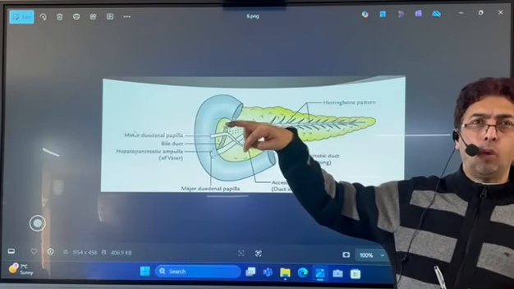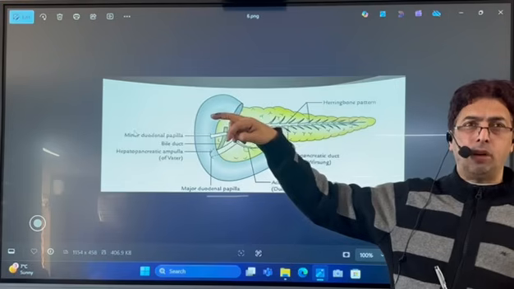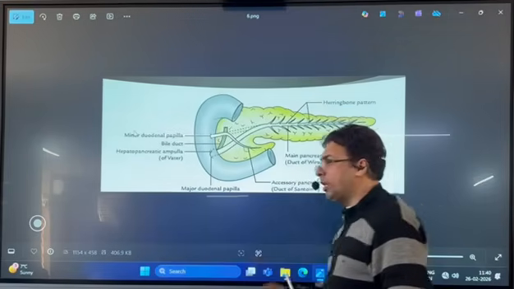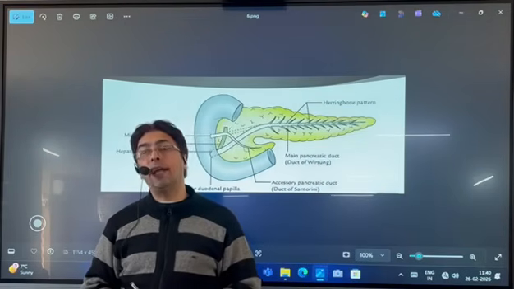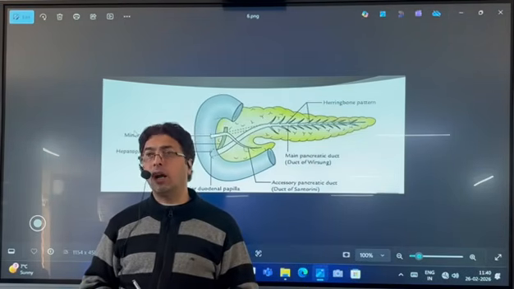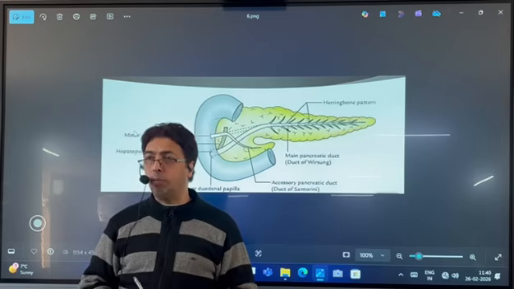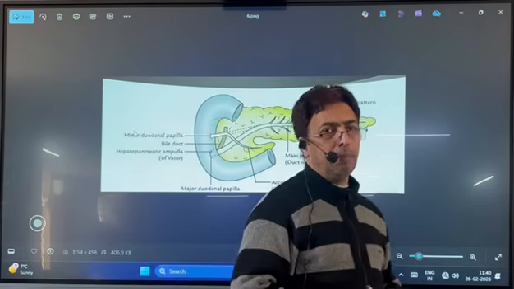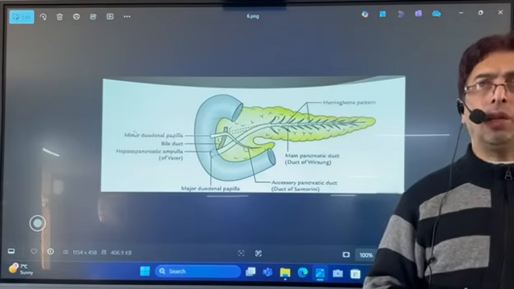One is 8 to 10 centimeters from the pylorus, and another is 6 to 8 centimeters from the pylorus. So the major and minor duodenal papillae represent the openings of the main pancreatic duct and the minor pancreatic duct into the duodenum.